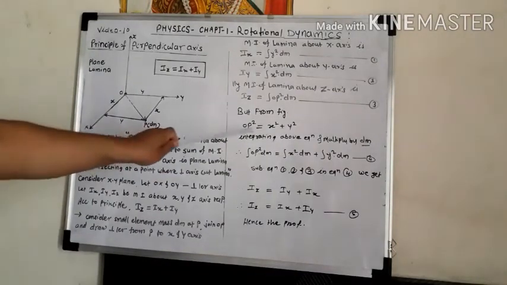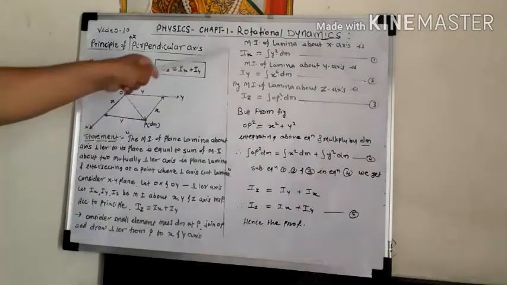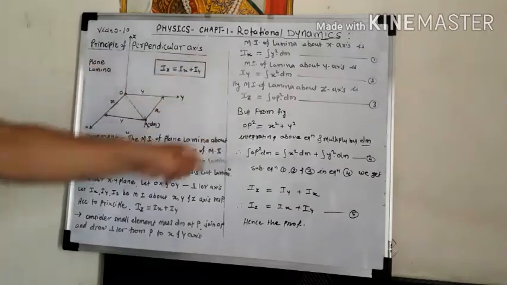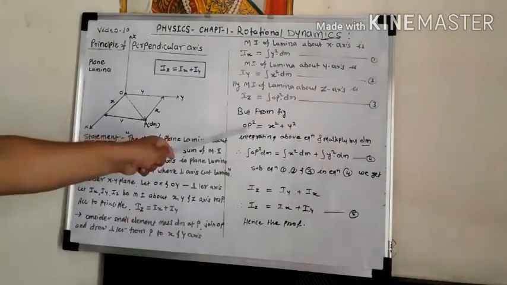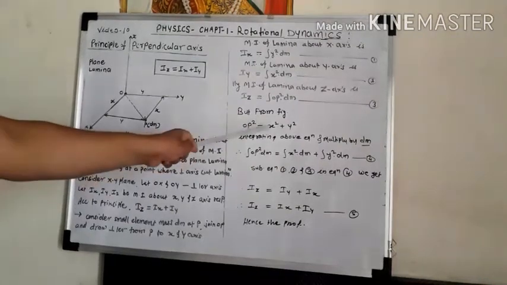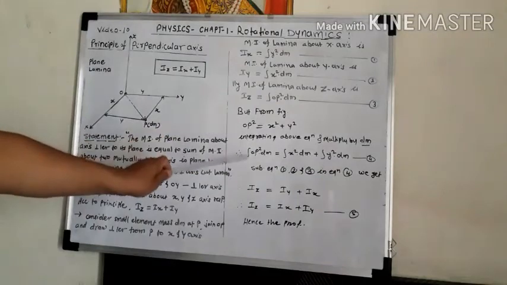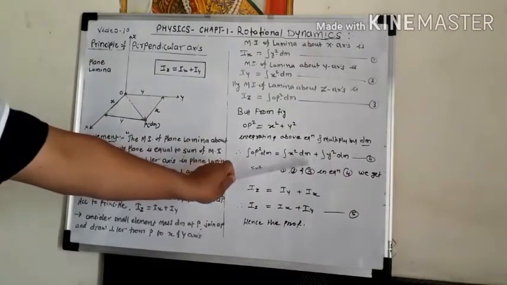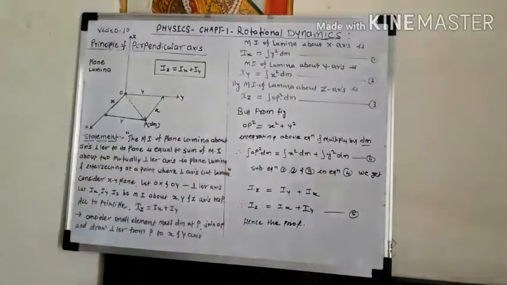Then, integrating the above equation and multiplying each term by dm, because our equations 1, 2, 3 have the integration and the dm, we get the integration of OP square dm is equal to the integration of x square dm plus the integration of y square dm, and this is equation number 4.